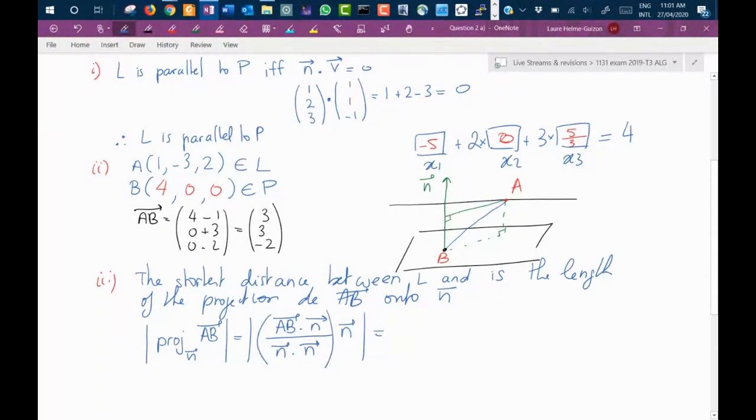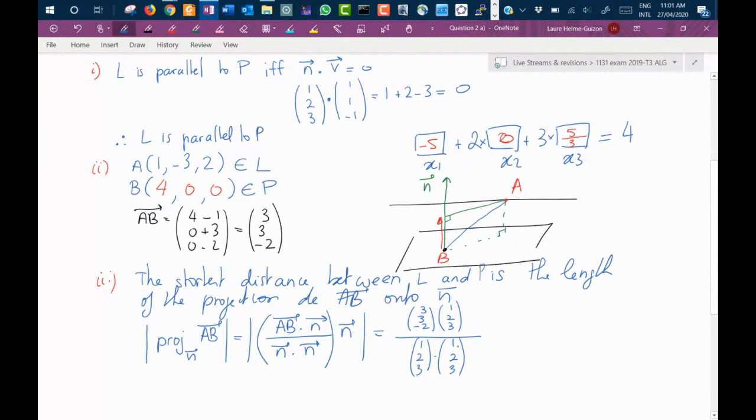So let's do this slowly. We have AB dot N. My AB is 3, 3, minus 2. My N, I think, was 1, 2, 3. Where's my N? Yes, 1, 2, 3. Here I'm going to get 1, 2, 3 with dot product with itself.